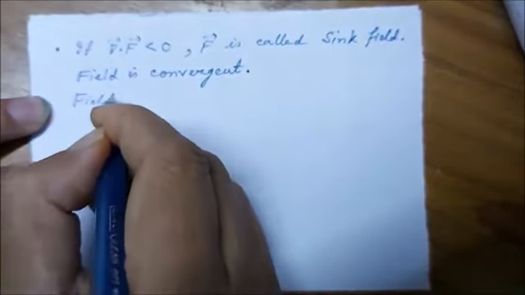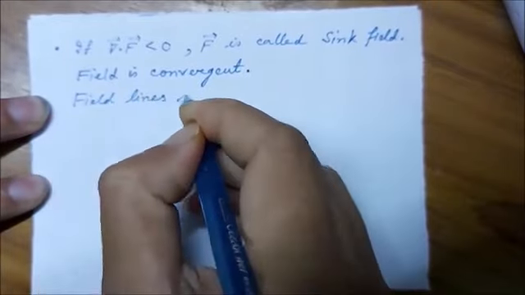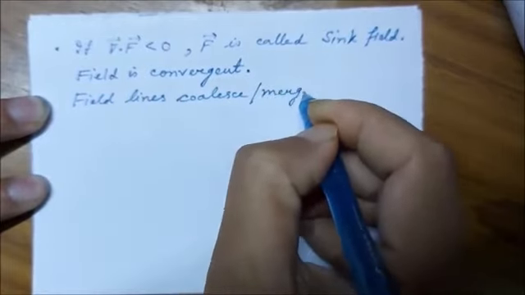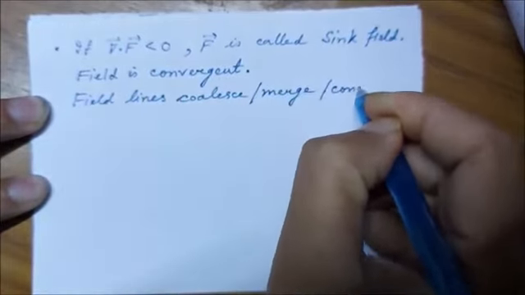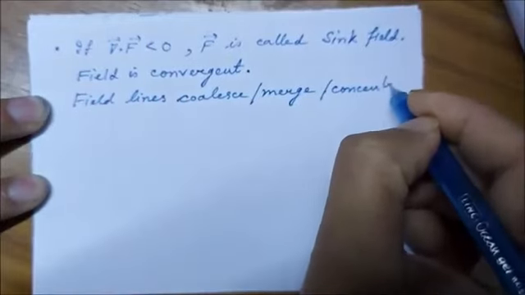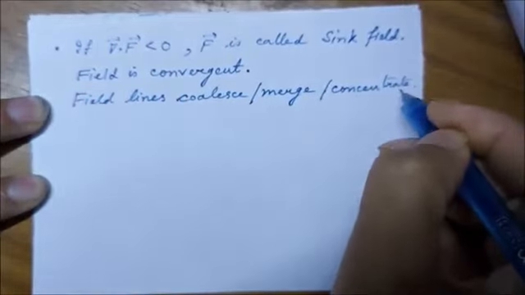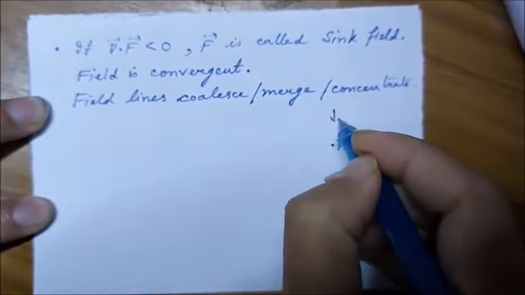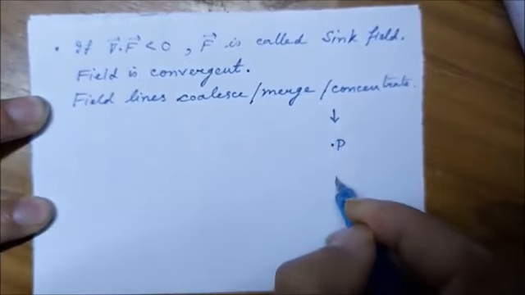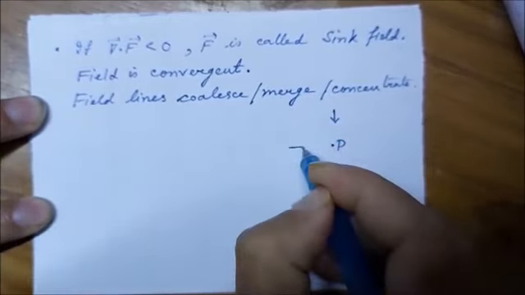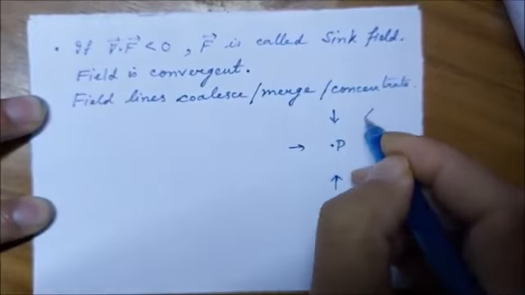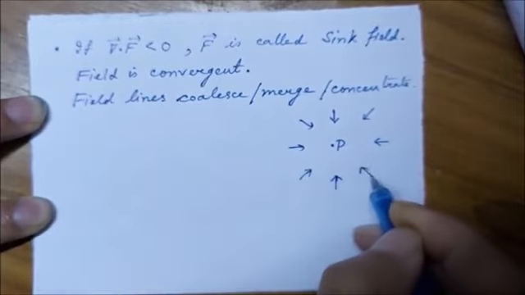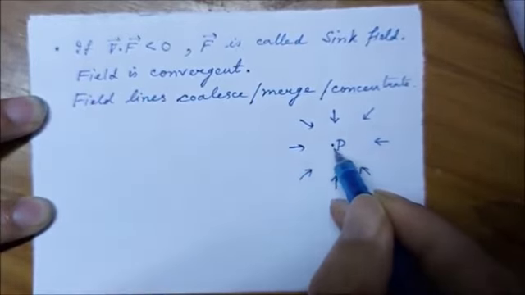Field lines coalesce or merge, they concentrate towards a point. So if P is a point and the field lines are directed towards P from all ends or from all sides, from all directions as shown here, then P is definitely a sink point.